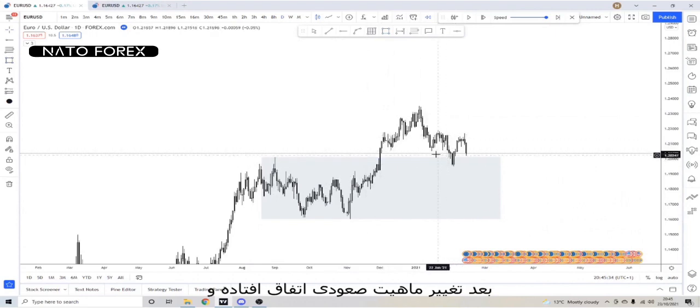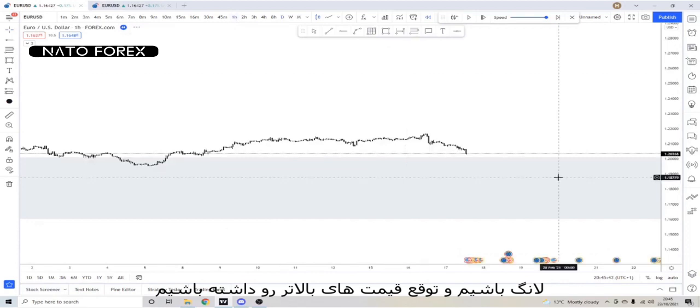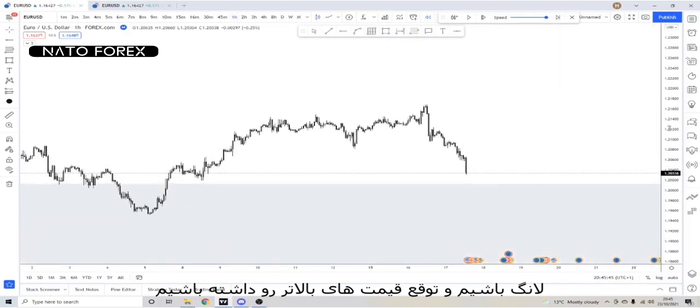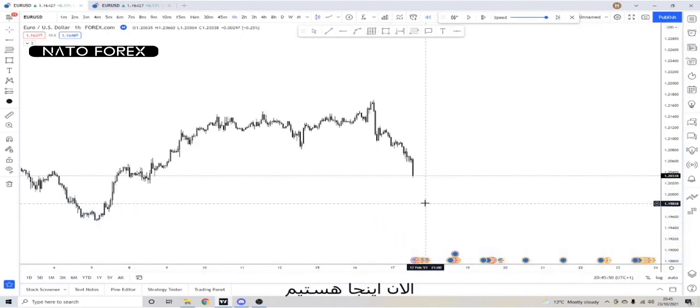We get this change of character back bullish, so we can now start looking for long positions and expect higher prices. So here we are.